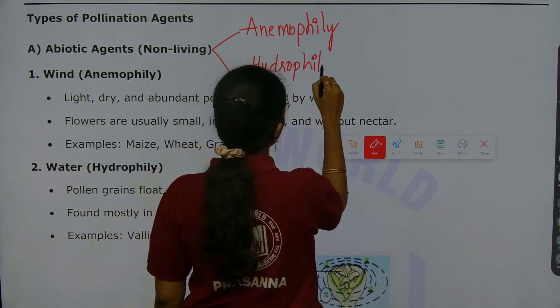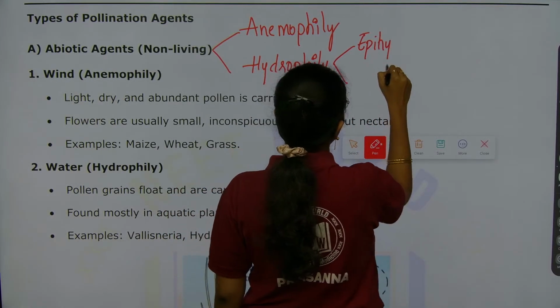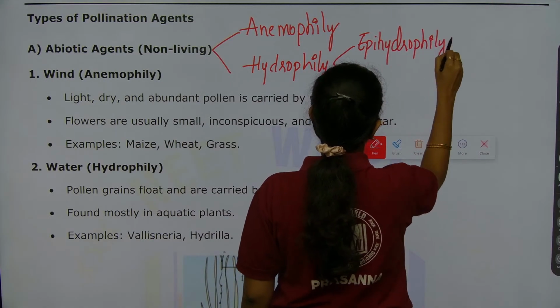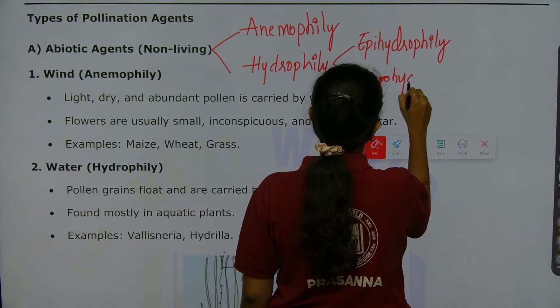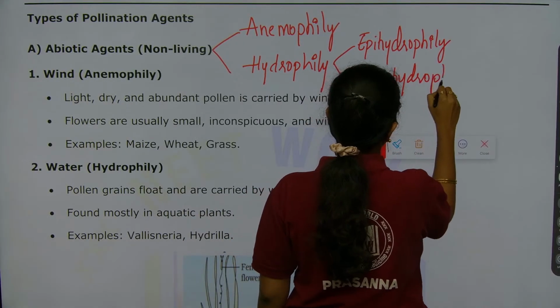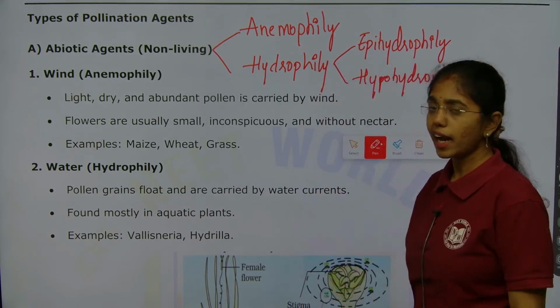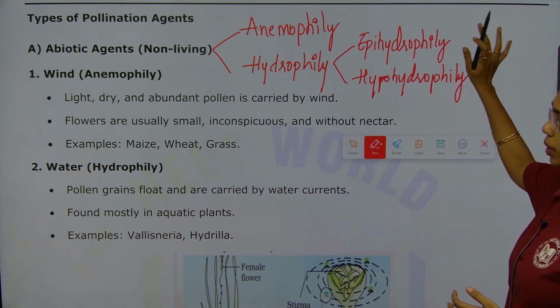This hydrophily can be epihydrophily and hypohydrophily. So epihydrophily and hypohydrophily, these are the abiotic pollinating agents that we are going to discuss.